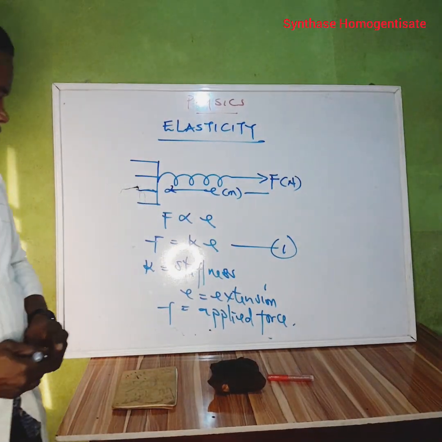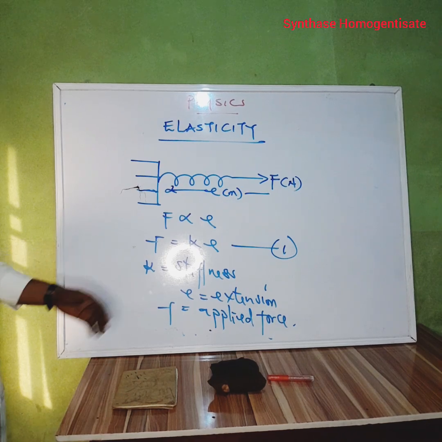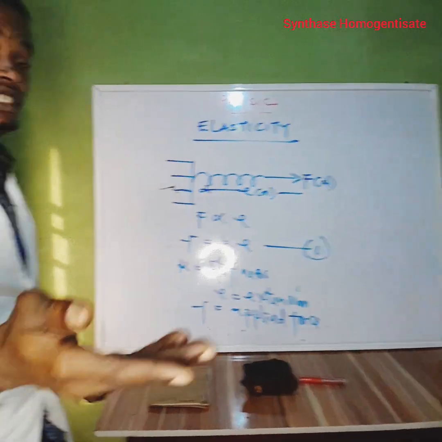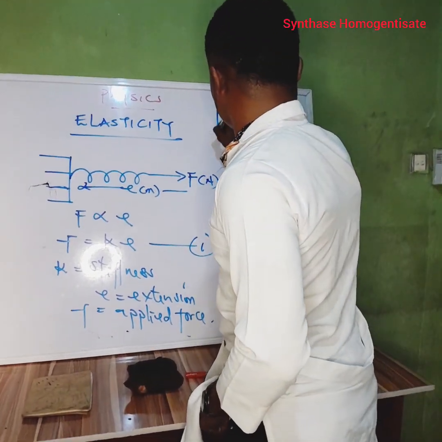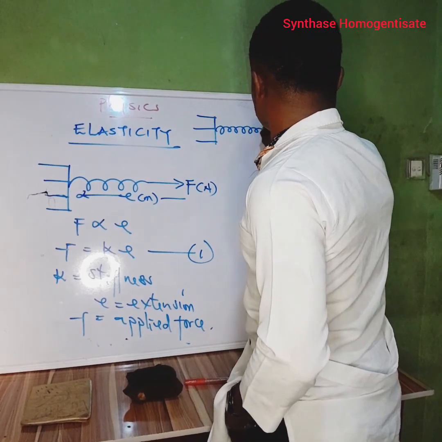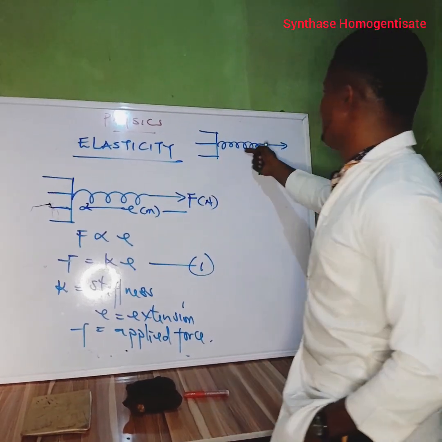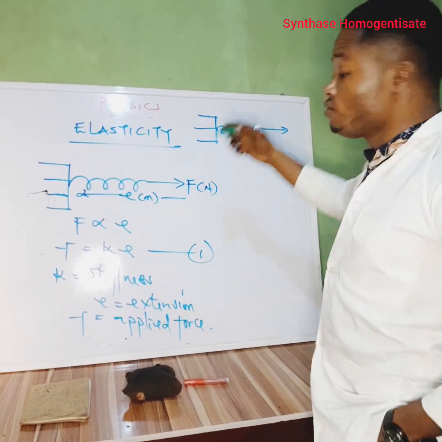Are you there? Now, after understanding this, let us deduce an expression for the extension in a simple case. Let us suppose that this is another fixed point, and a spiral spring is attached to one end of this fixed point.